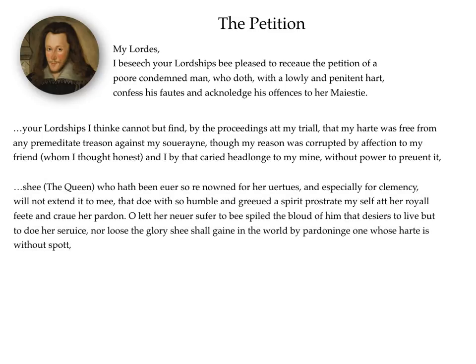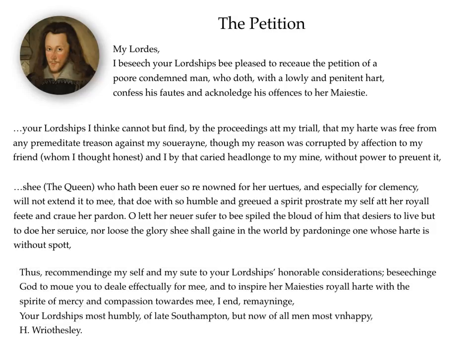She, the Queen, who hath been ever so renowned for her virtues, and especially for clemency, will not extend it to me, that do with so humble and grieved a spirit prostrate myself at her royal feet, and crave her pardon. O let her never suffer to be spilled the blood of him that desires to live, but to do her service, nor lose the glory she hath gained in the world by pardoning one whose heart is so without spot.